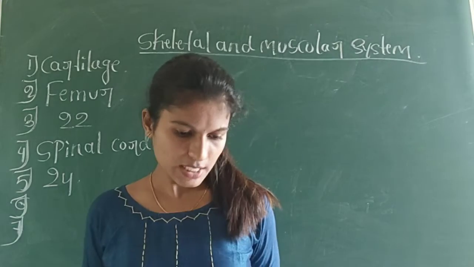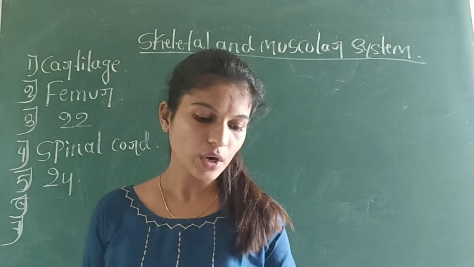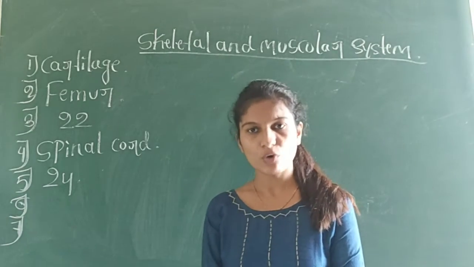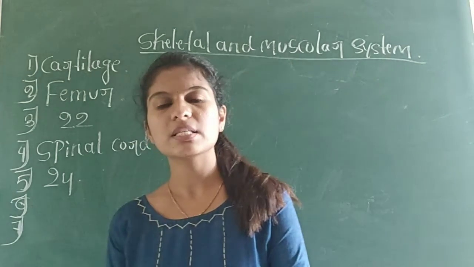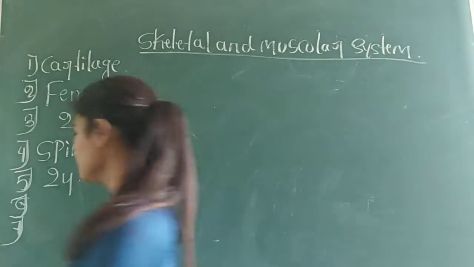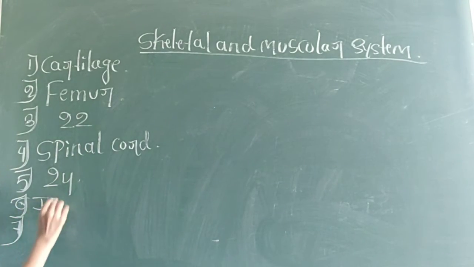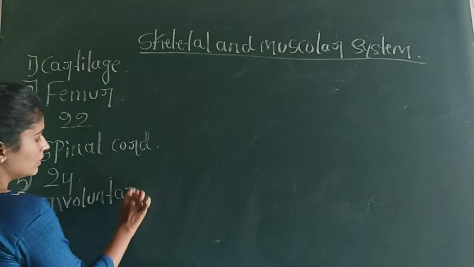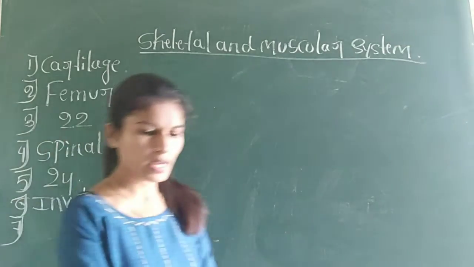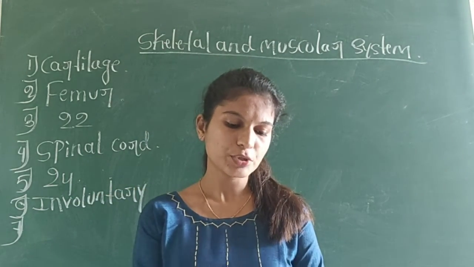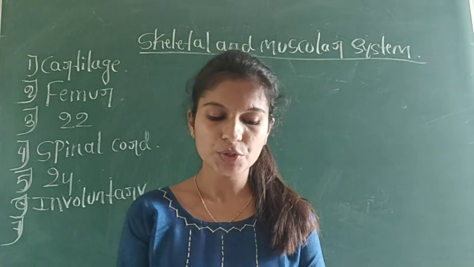Okay. And now the sixth one is the muscles which are not under our control are called what? Yes, those are called involuntary muscles. Involuntary muscles are the muscles which are not under our control. Now the seventh and the last one is dash are the strong tissues which hold the bones together.